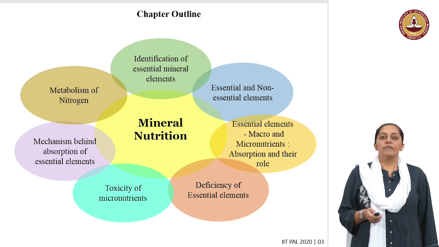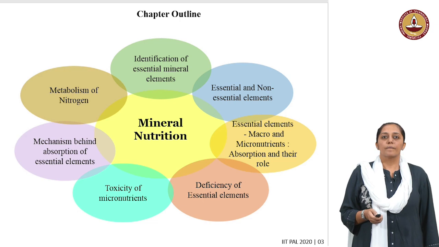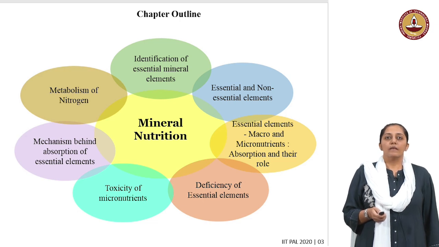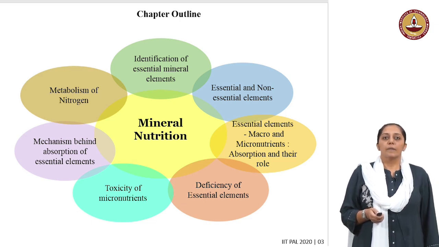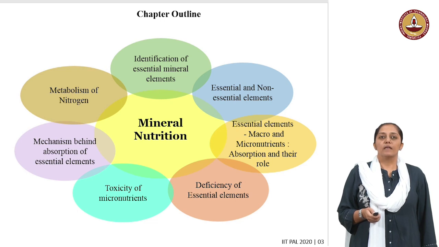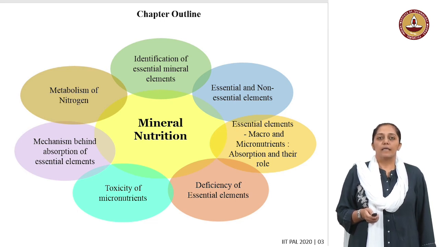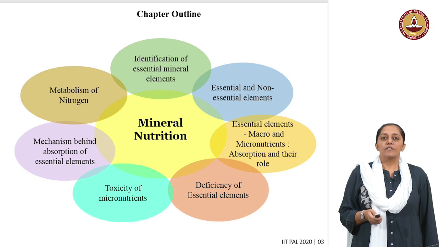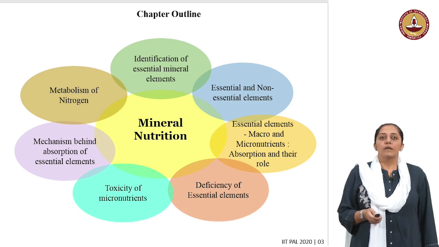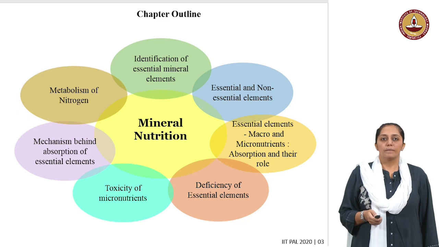Majorly we will be focusing on toxicity of micronutrients, then the mechanism behind the absorption of these essential elements, and in the end we will discuss briefly the metabolism of nitrogen in plants, including the different ways in which nitrogen is assimilated in plants.